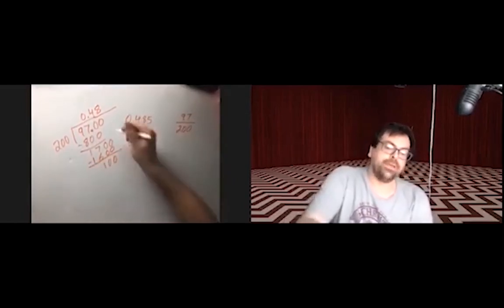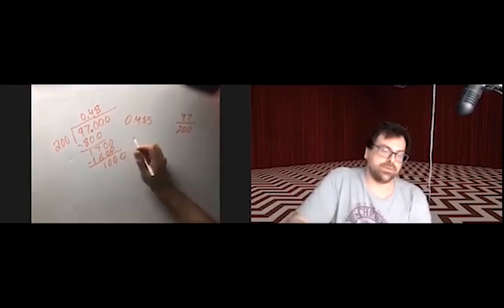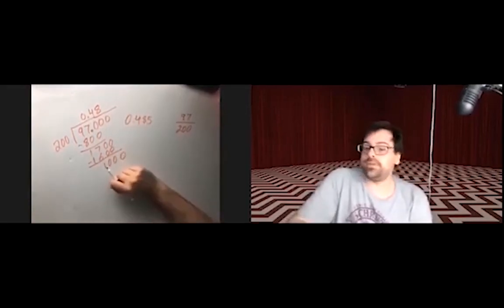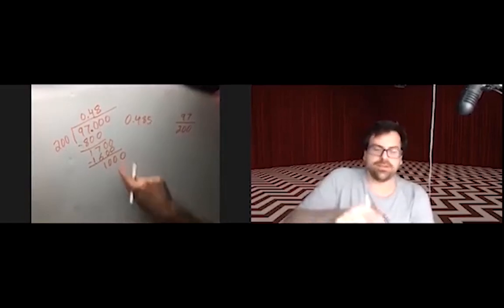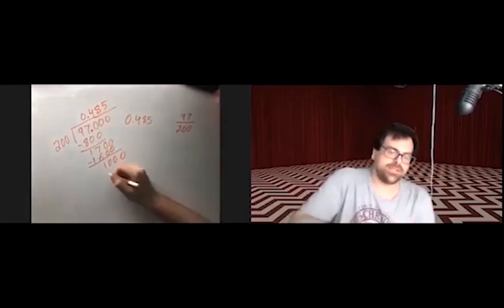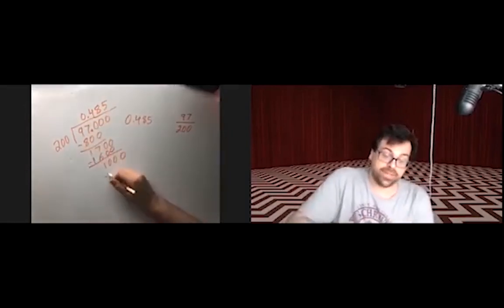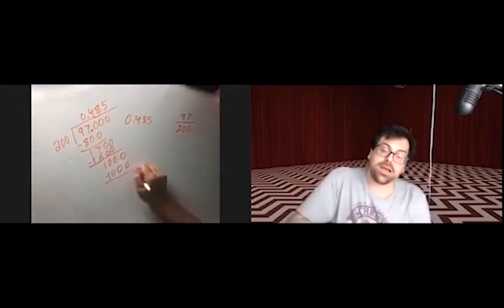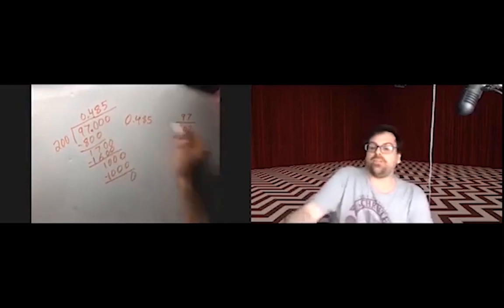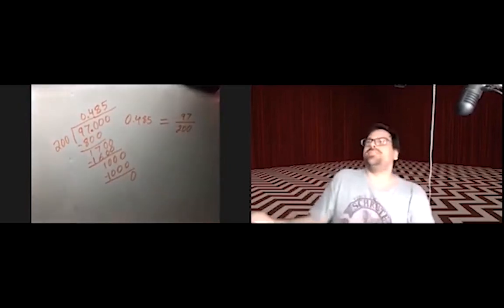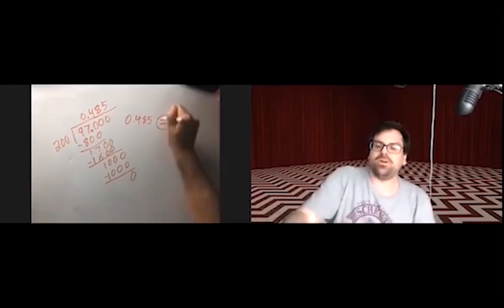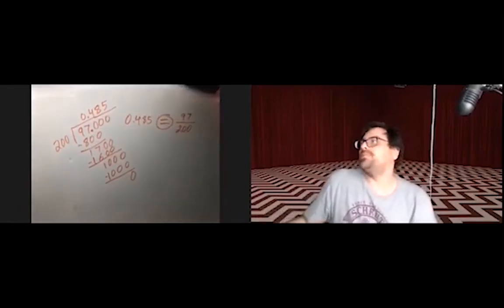Give ourselves a 0, bring it down. 200 goes into 1,000 5 times evenly. Oh, wow. 0.485. They're the same. Equals. Not greater than or less than. Equals.